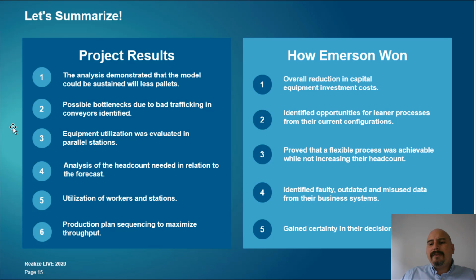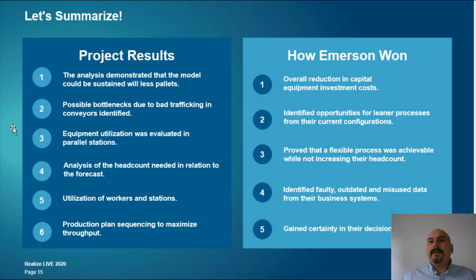So at the end of both projects, we were able to demonstrate savings across the board, both with human resources being diminished and capital resources being diminished. We were able to encounter the different bottlenecks, and how the utilization of certain equipment could be better. So it was a really good mix and I will say a good reward for Emerson in that sense.